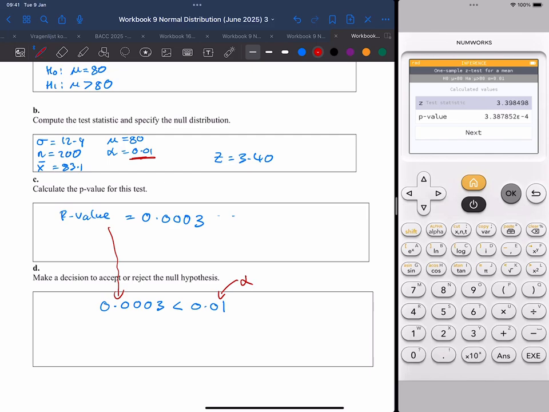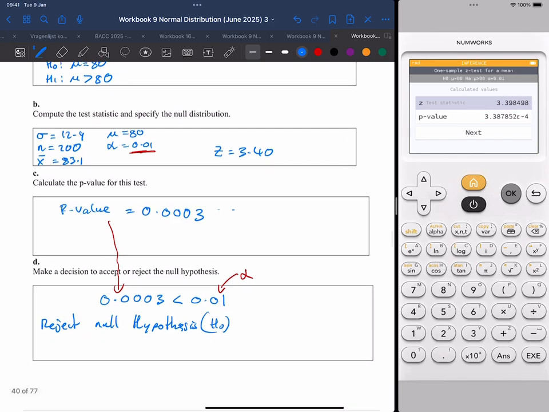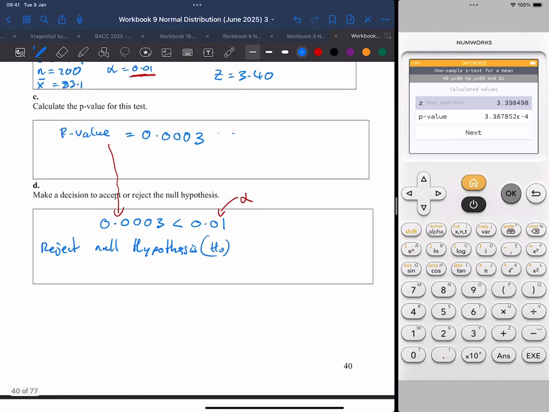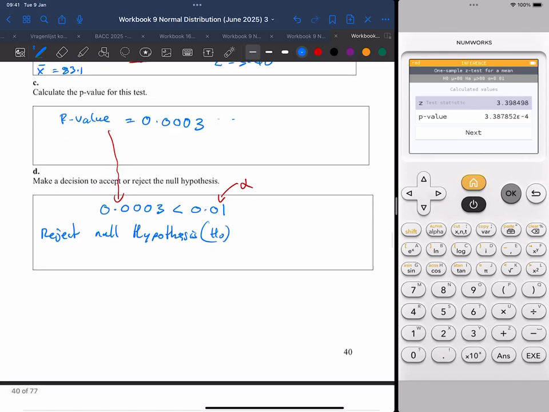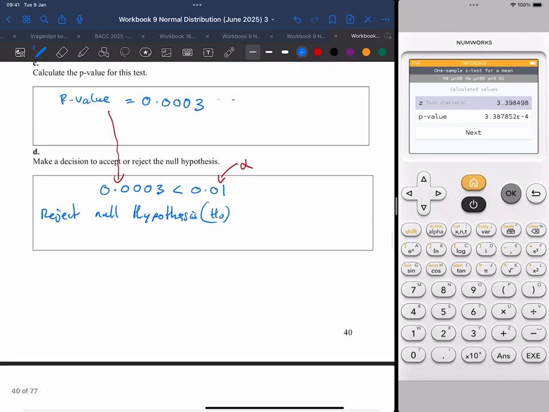So what this means is that we are going to reject the null hypothesis, or you can say H0. Now, there is strong evidence to support the claim that the population mean is greater than 80.